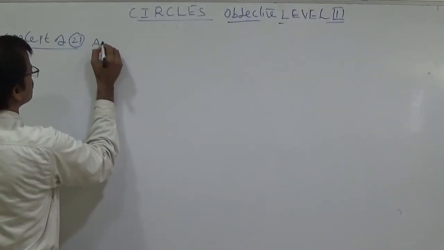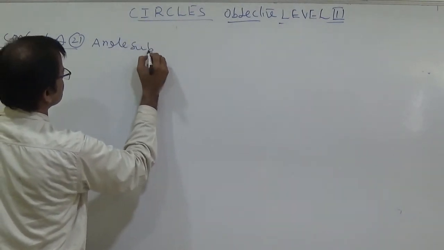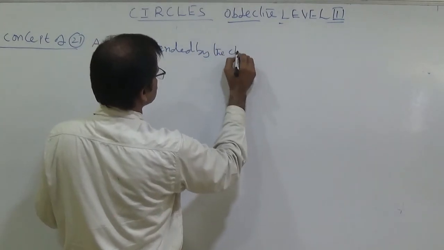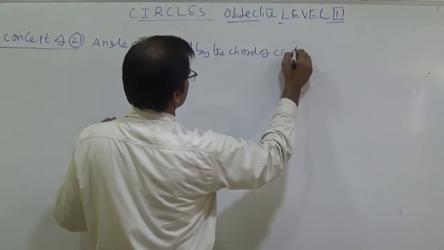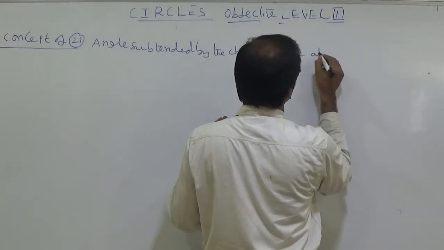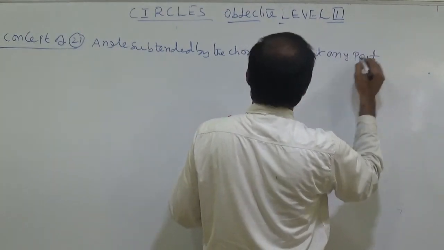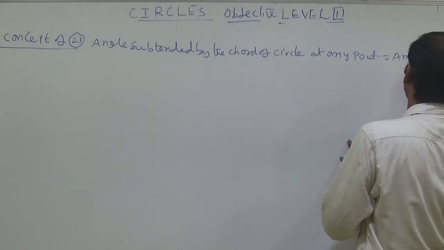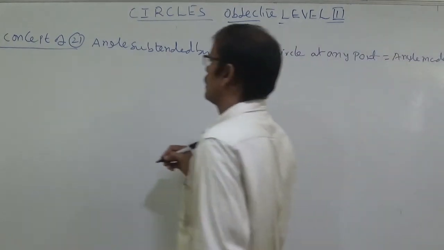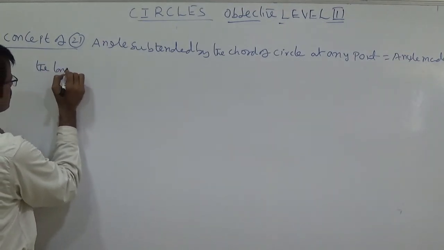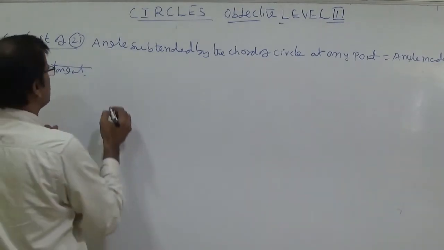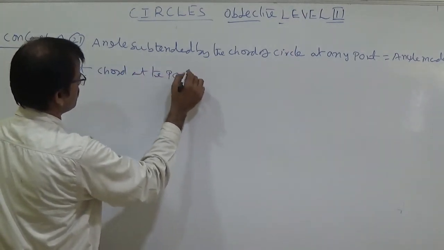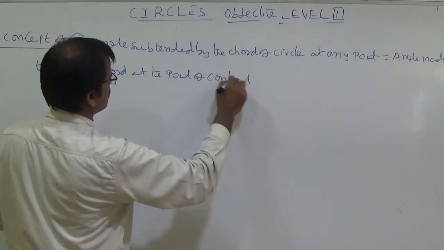The angle subtended by the chord of a circle at any point is equal to the angle made by the tangent and chord at the point of contact. This is the formula.